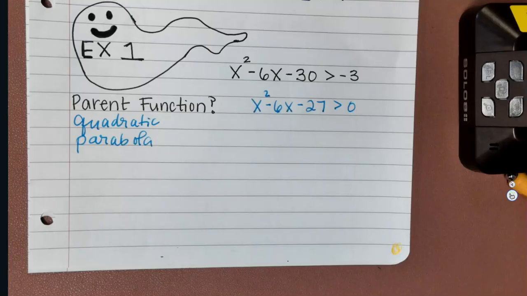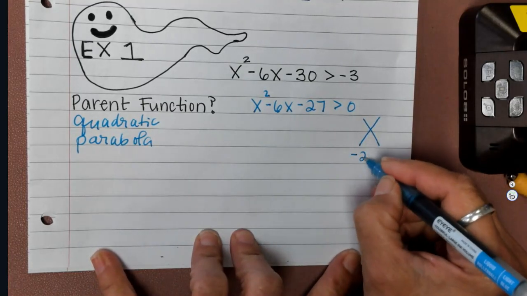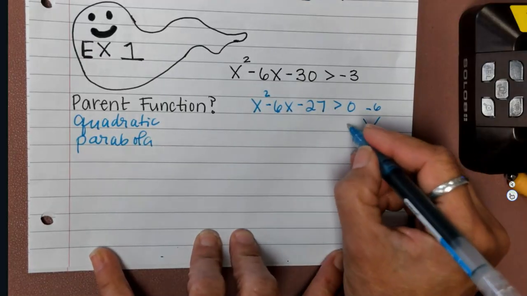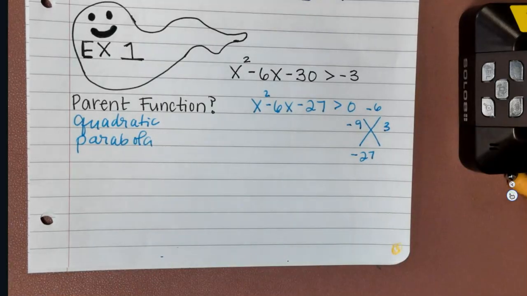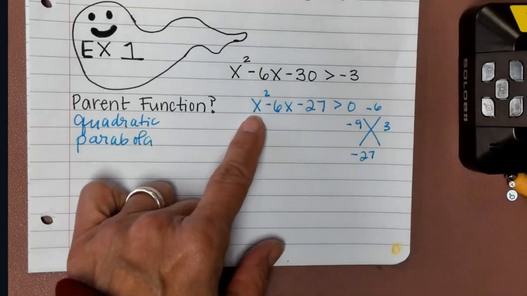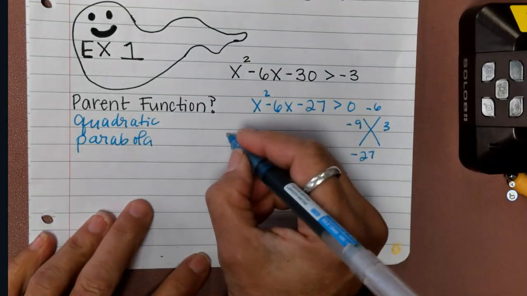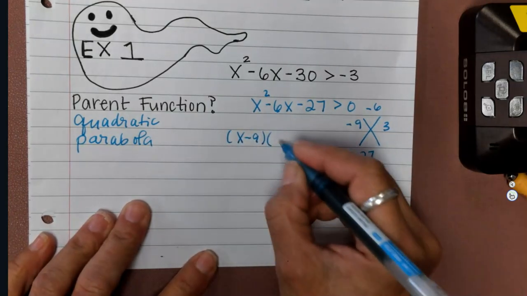Is that factorable? It sure is. Numbers that multiply to a negative 27 that combine to a negative 6, that's going to be a negative 9 and a positive 3. And I don't have to do any sliding or dividing because the a value is just 1. So if I was solving this, guys, these would for sure be the factors if it was just an equation.